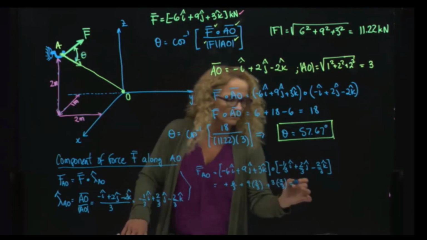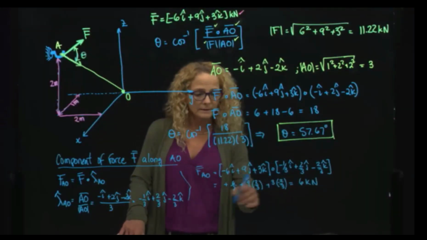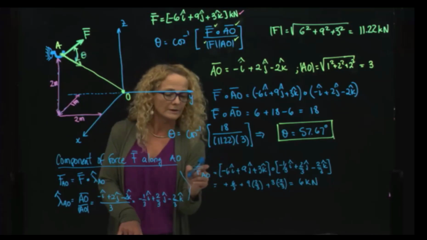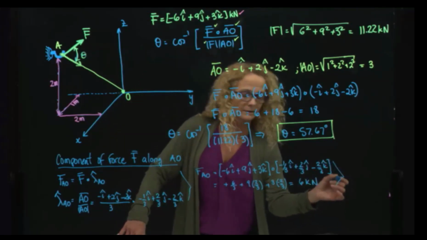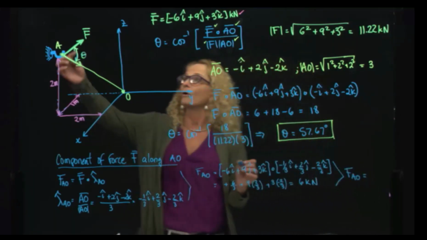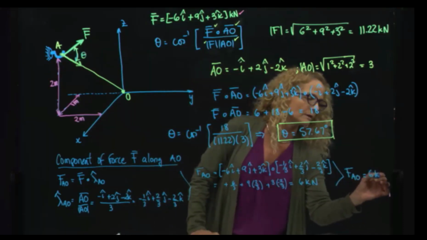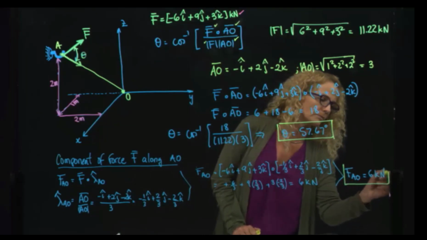That gives me a value of 6 kilonewtons. Since this is not a vector, finally I can write that the component of this force along AO is equal to 6 kilonewtons. And that's the result.